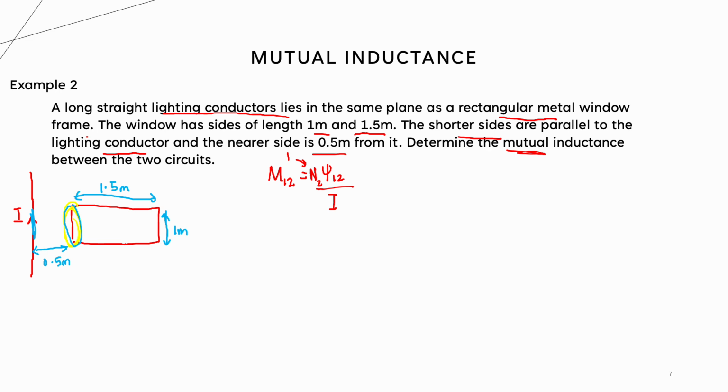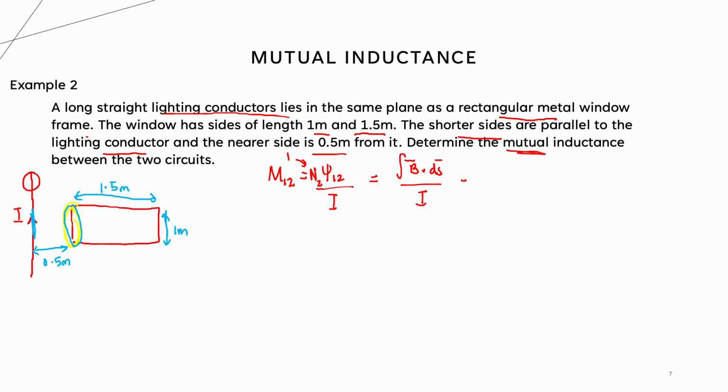Alright. So the flux is the flux linkage that is produced by this current, divided by the current. So from here we can determine psi m is equal to B dot dS over I. I is the current coming from the lightning conductor.